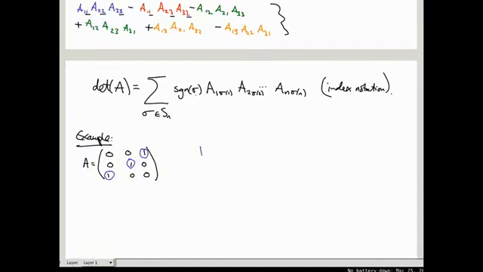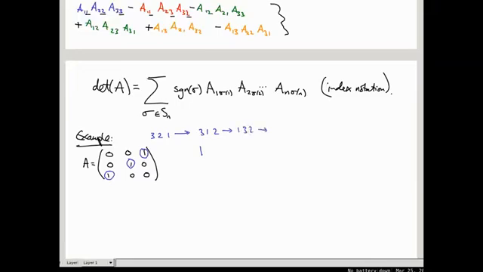And what's the sign? Right, this is the permutation 3, 2, 1. In other words, 1, 2, 3 goes to 3, 2, 1, because we're picking from the third, then the second, and the first column. To get back to 1, 2, 3, we'd have to do how many flips? We'd have to flip 1 and 2. We'd have to flip 3 and 1.